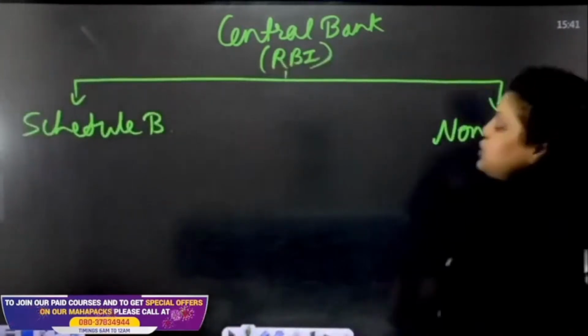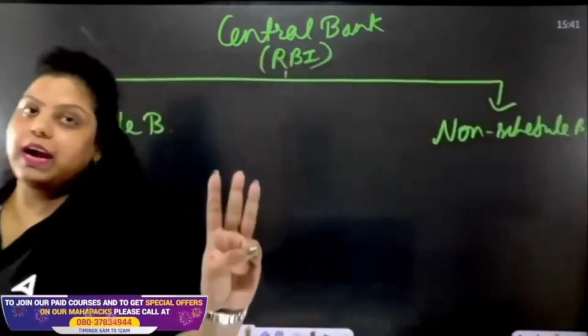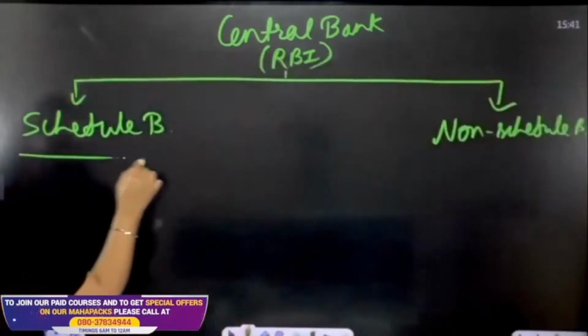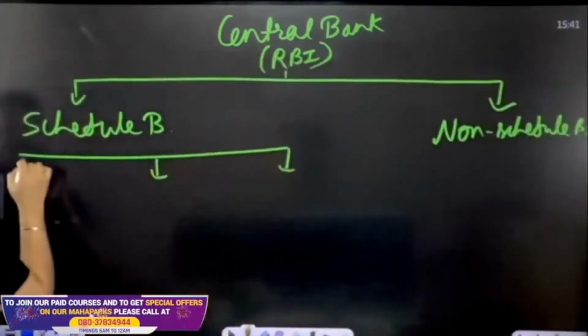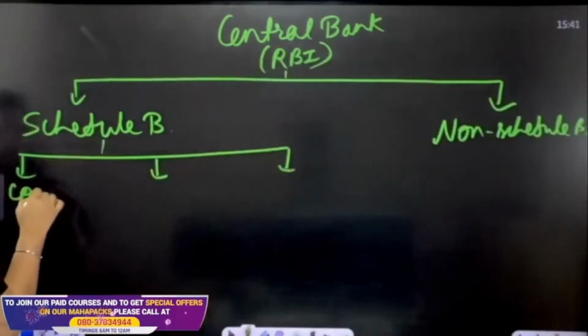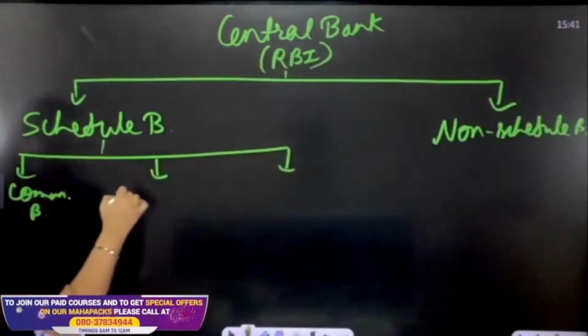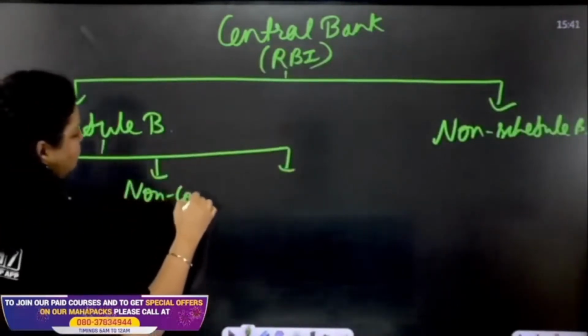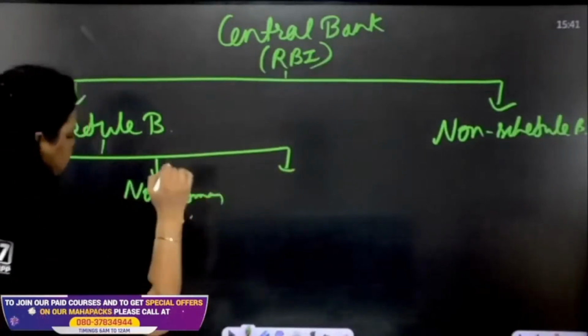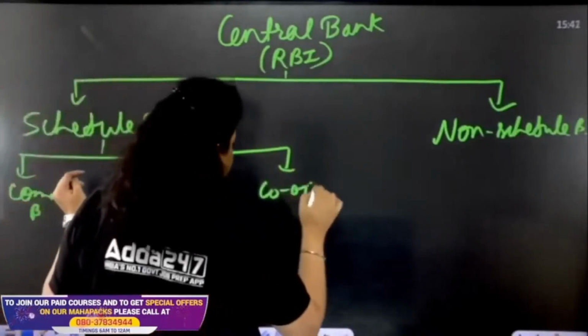Now the scheduled banks are further divided into three categories: commercial banks, non-commercial banks, and cooperative banks.